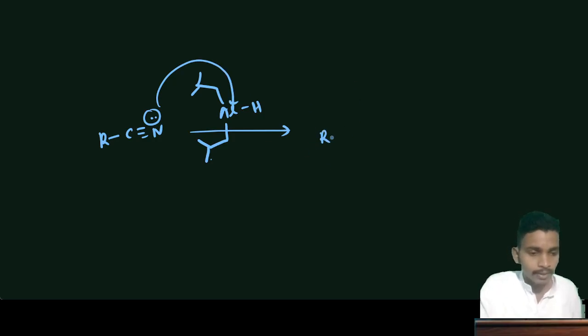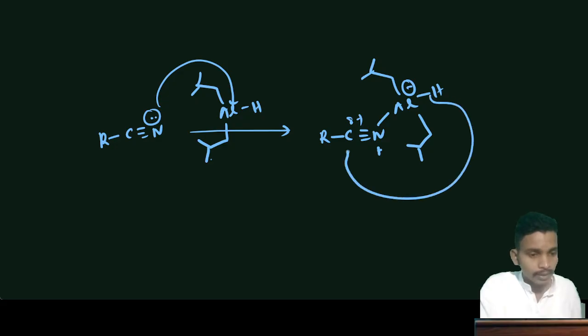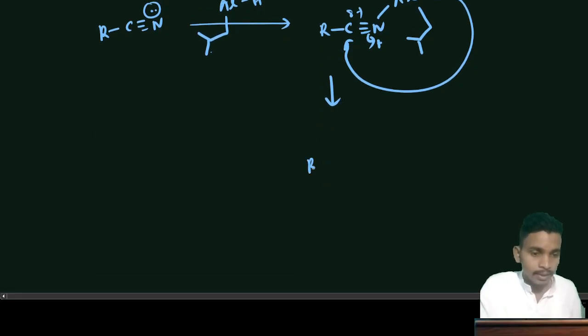So RC triple bond N, and here we have aluminum, hydrogen, and isobutyl. Now it gets the negative charge, and since the lone pair has gone, it gets a positive charge, so it abstracts electrons from here, gets delta positive charge, and the hydride will attack here, and this will be removed like this.